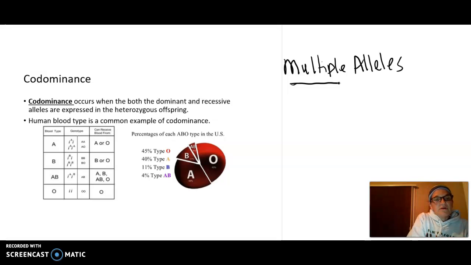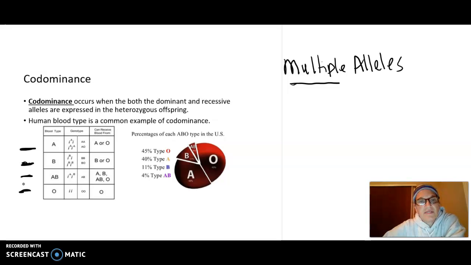And so if you look at the blood type here, you can have either A blood type, B blood type, AB blood type, or O blood type. O blood type is a universal donor.